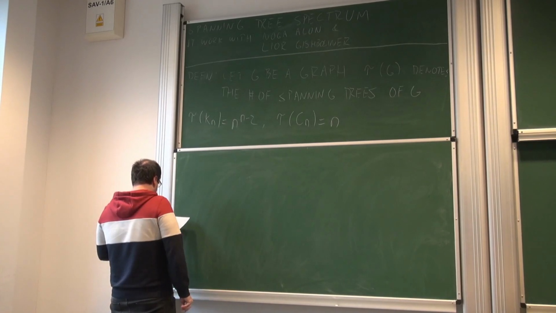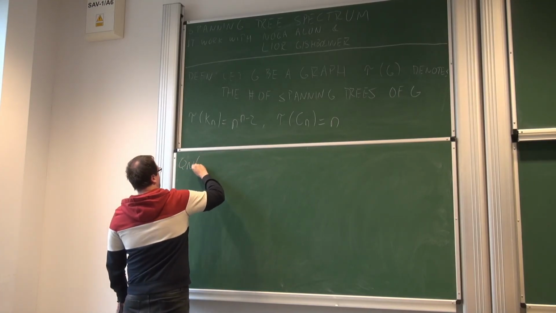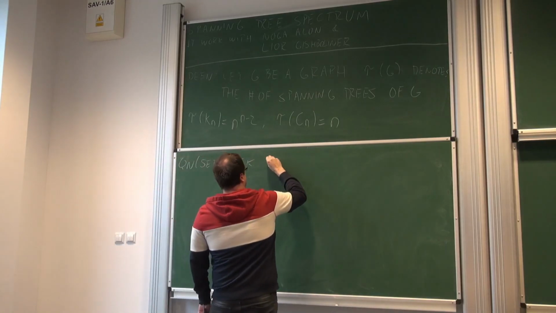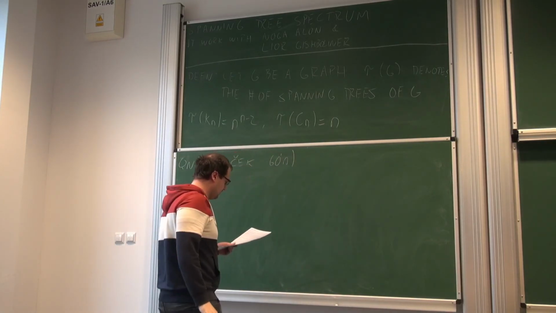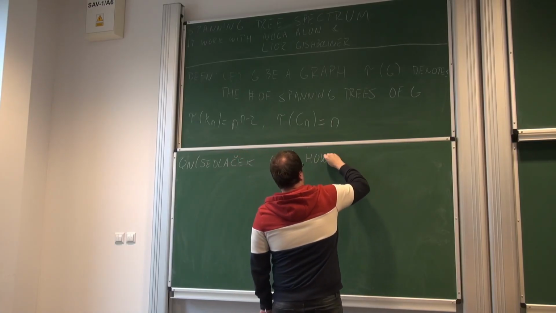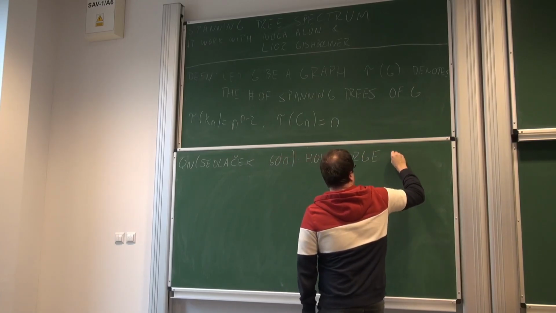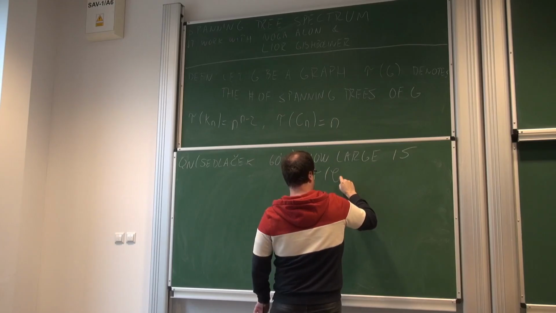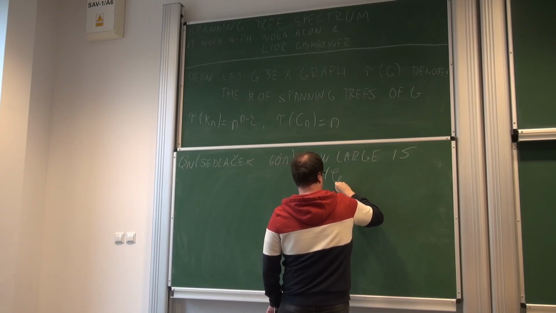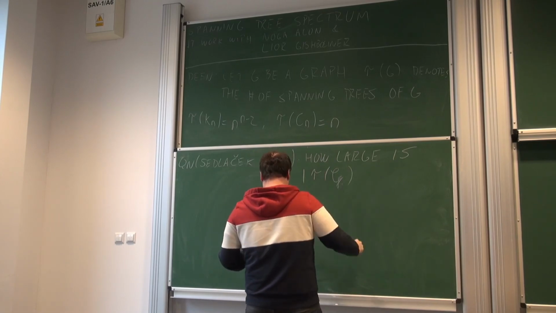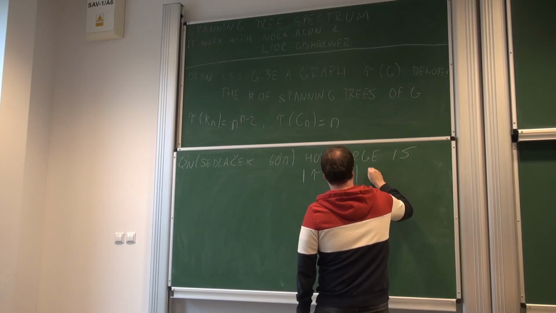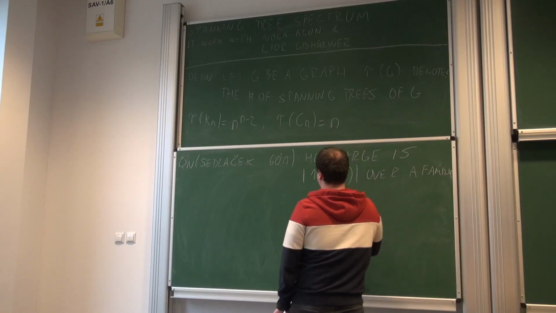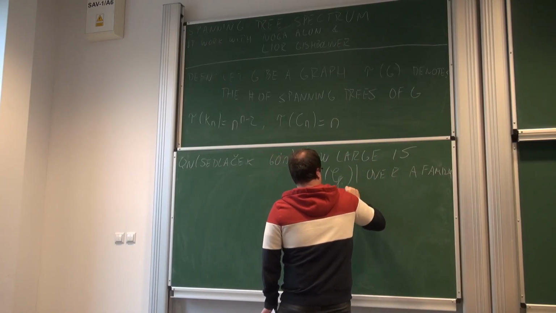So this was asked in the late 1960s by Sedláček. The question is, how large is the size of tau of G over a family of graphs G?